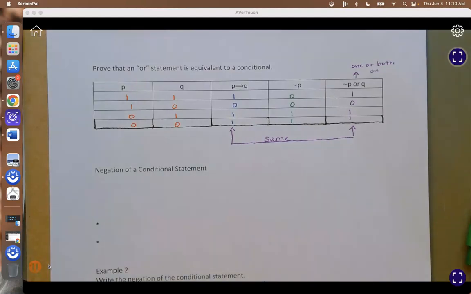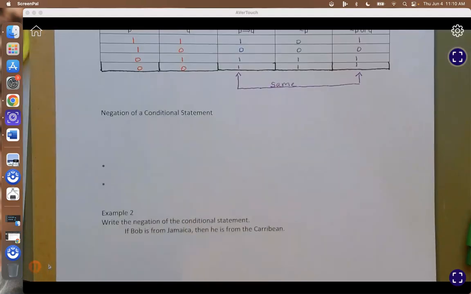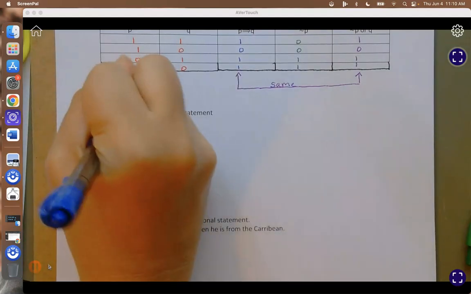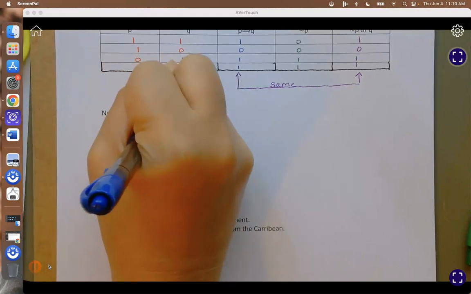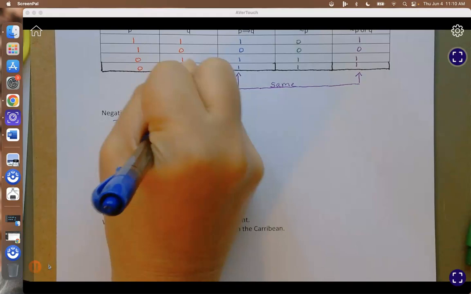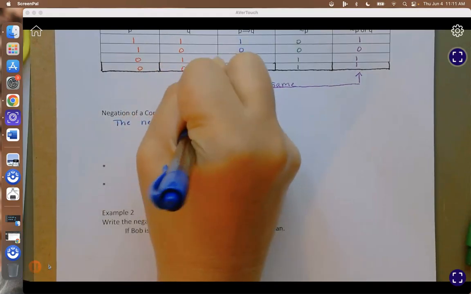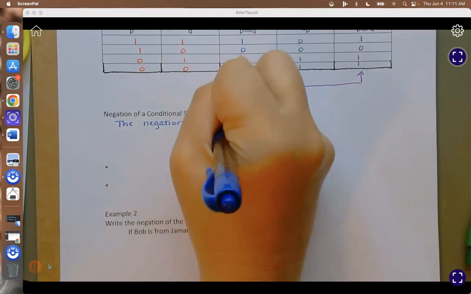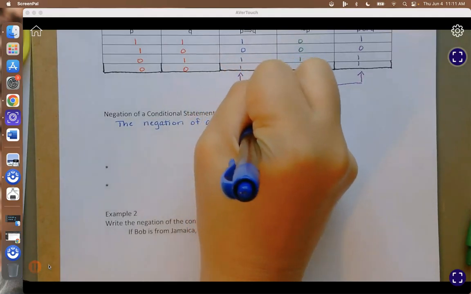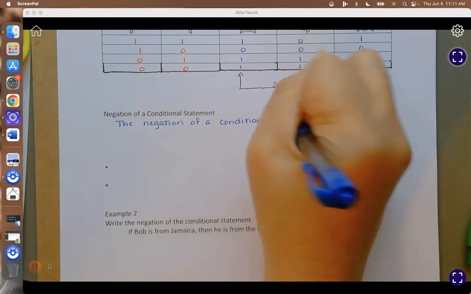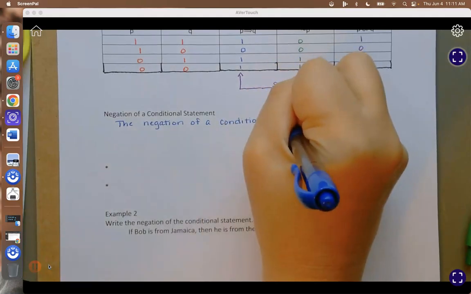Now, let's write this negation of a conditional statement. All right? The negation of a conditional statement.